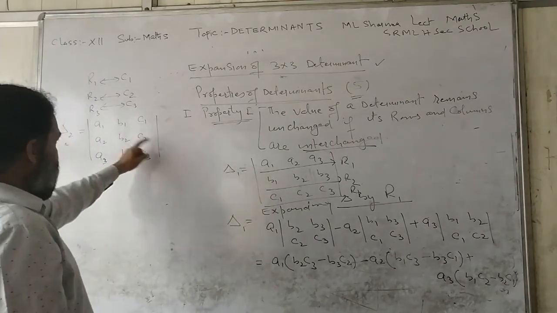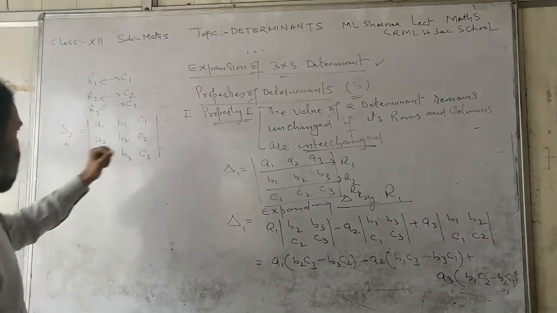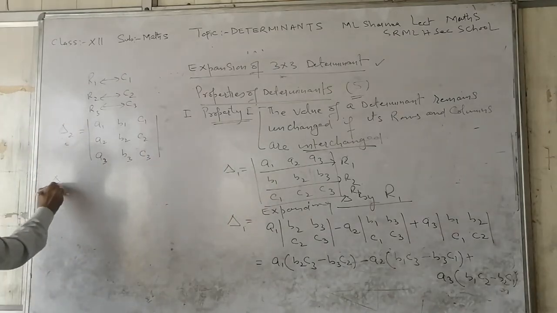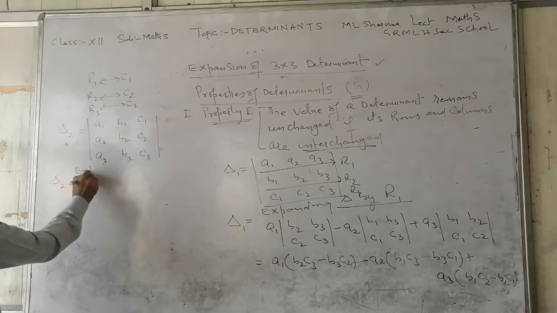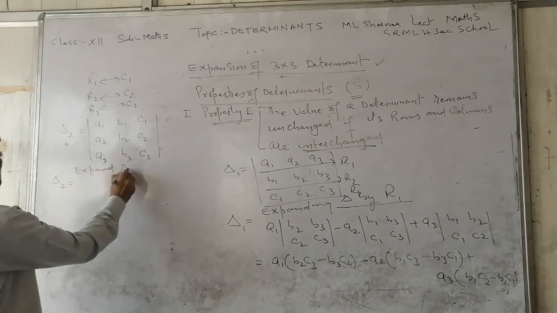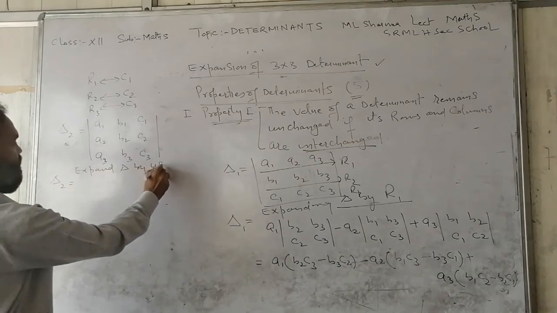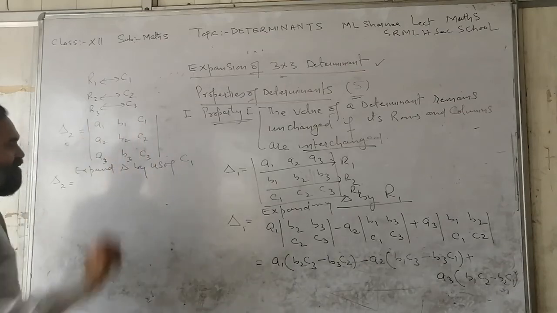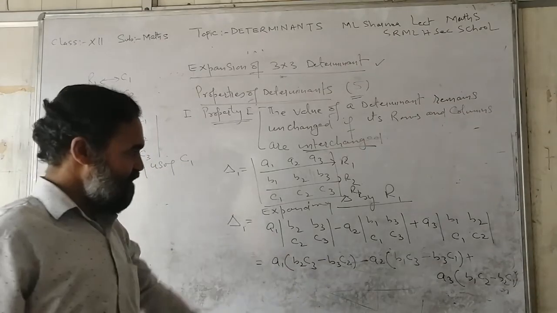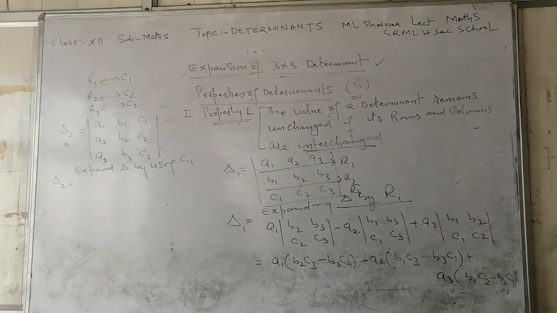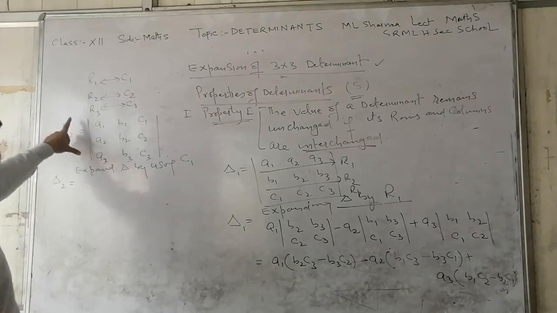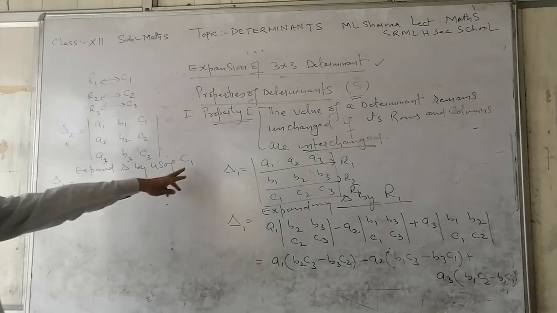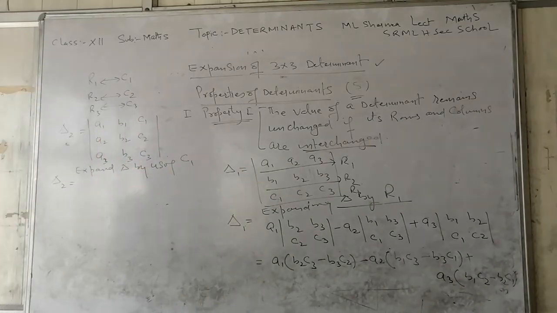Here I have interchanged rows into columns. Now I expand this determinant by using C1. Here I had expanded by the first row R1, and here I am expanding by this column C1.